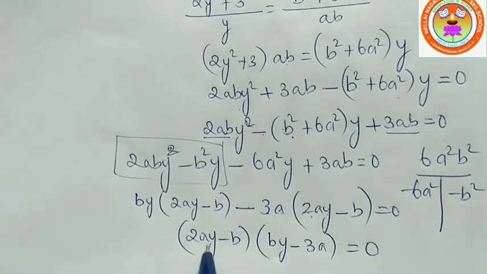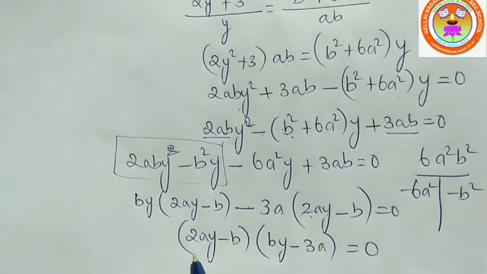So the product of these two terms equal to 0 means either the first term is 0 or the second term is 0. The first term 0 means 2ay is equal to b. If the second term is 0, then by is equal to 3a. So two cases arise.